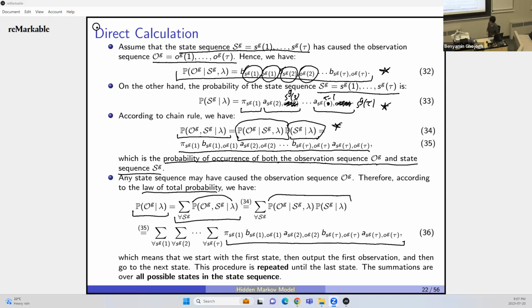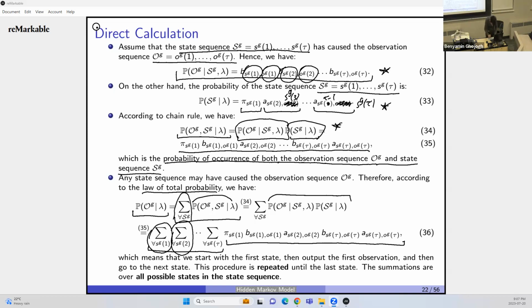Okay, and interestingly here, I can write it as this. So for time slot 1, I have a lot of options, all possible states in time slot 1, right? And this is all possible states in time slot 2. So as you see, multiplication of these summations is kind of all of the permutations possible in the state sequence.